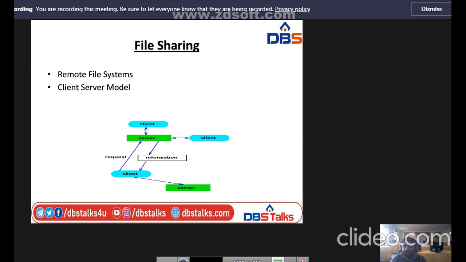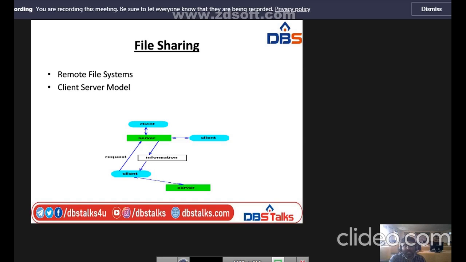The third method is through the WWW. Okay, so in total there are three methods. The first one is FTP. The second one is the distributed file system, where remote directories are visible from a local machine. And the next one is through the WWW. FTP is used for both anonymous and authenticated access.